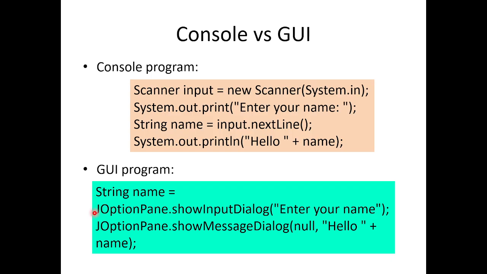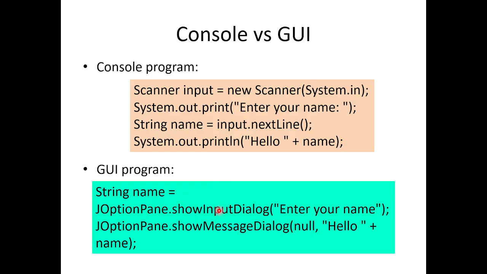Then the common code in the GUI is JOptionPane.showInputDialog, with the instruction, enter your name. Then the next syntax of JOptionPane to display is showMessageDialog, comma, hello followed by the input name that is entered in the previous phase. So this is an example of the syntax in the GUI.